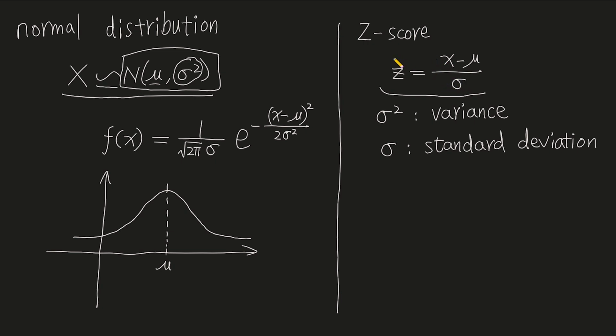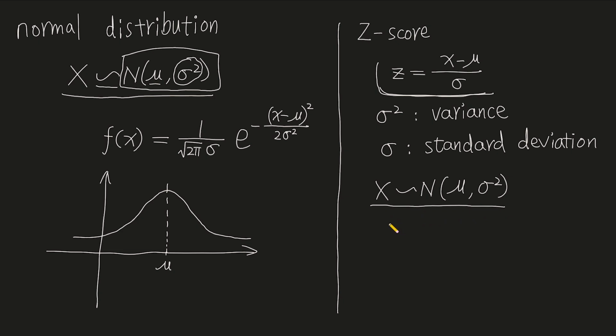Now, what's the usefulness of this formula? In fact, if there is a continuous random variable that follows the normal distribution, we can use this formula to create a new random variable from this old random variable.